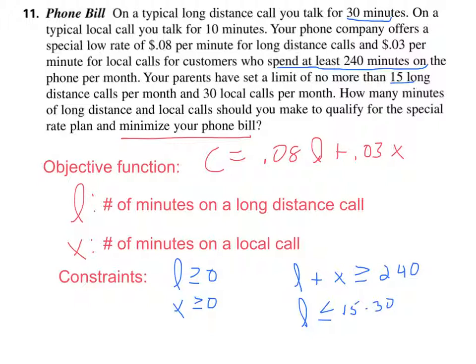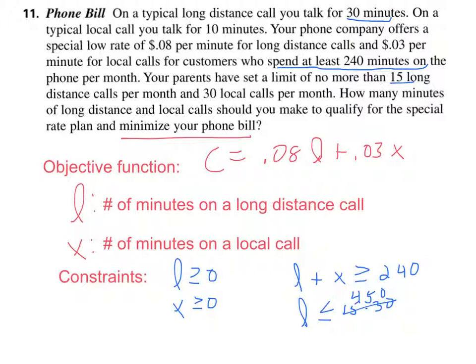So this is L is less than or equal to 15 times 30, and 15 times 30 is 450. So this is L is less than or equal to 450.